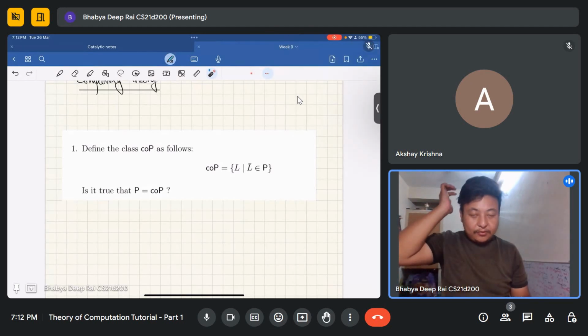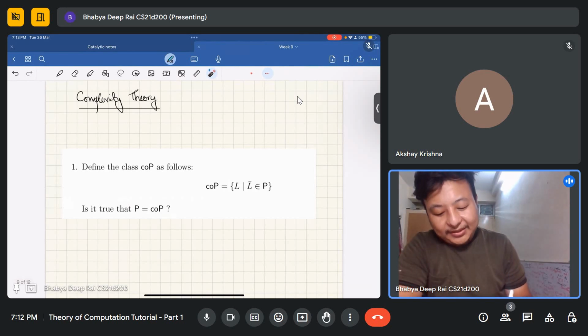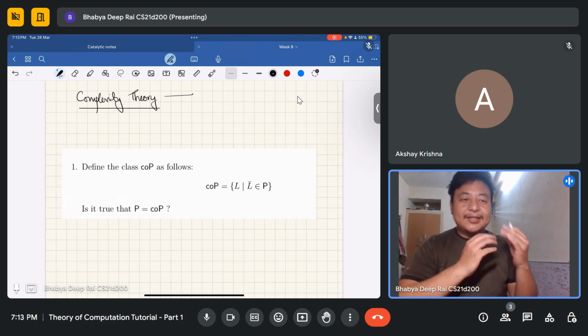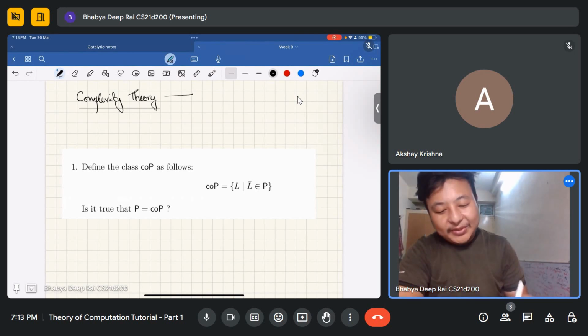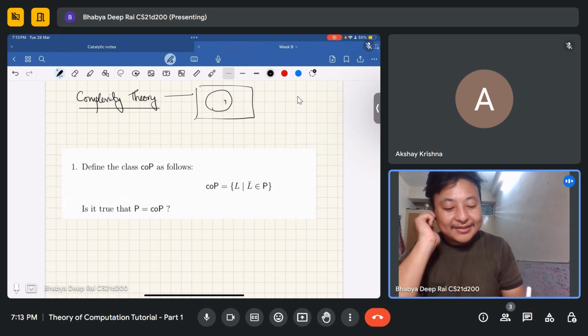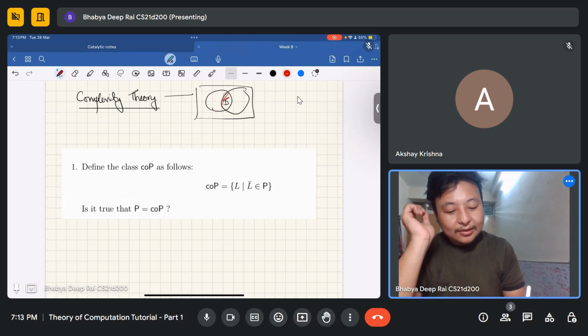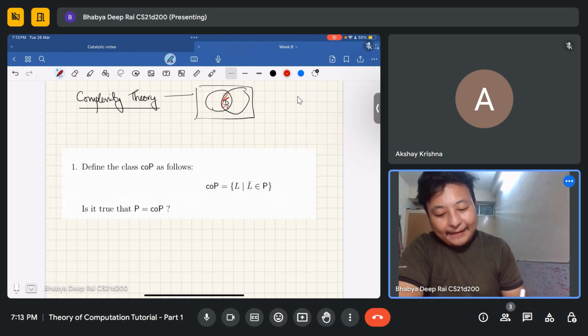So now we are moving to the complexity part. Complexity theory: we've seen decidability, undecidability, and so on. Complexity theory is a deeper dive. We are concentrating only on decidables. As we saw, there are recognizable, unrecognizable, and decidable languages. Decidables are those which have algorithms. So we are saying, why not focus on only those which have algorithms?